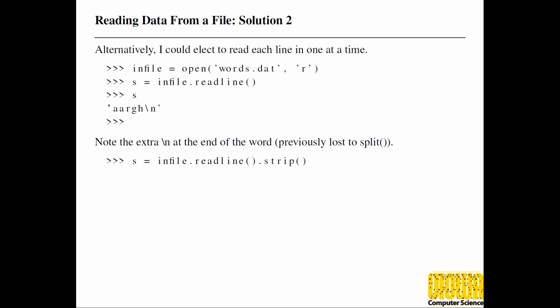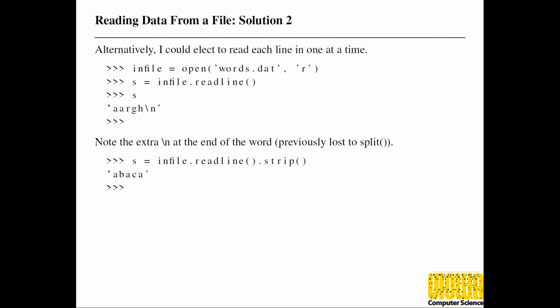And what strip does is it looks at the string, and it tries to trim both ends of the string, removing characters that are white space characters by default. Like split, strip has an optional argument here. We're going to let it default to white space. So if I do that, I'll see that what I get is the word, but without the new line.